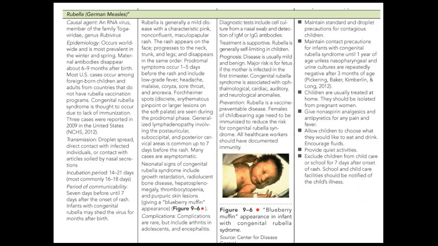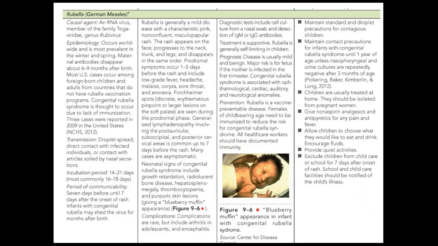So this is part of that MMR that we talked about earlier, the MMR vaccine. For mothers who actually contract rubella or German measles during their pregnancy, those newborns can be born with something called congenital rubella syndrome. And the risk for that is very high if mom has never been vaccinated or is non-immune.